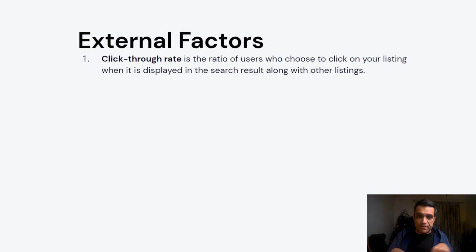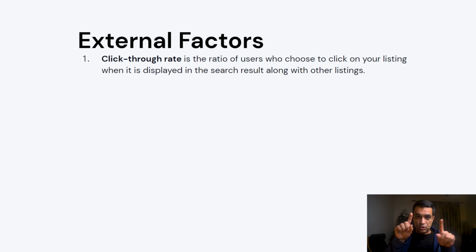Every time your property is displayed to a user, out of 100 times, how many times did people click on your listing? That's a criterion for Airbnb to judge whether it is a good listing or a bad one. At least it gives them an idea whether your profile picture is good or bad, because the profile picture is what attracts people most.